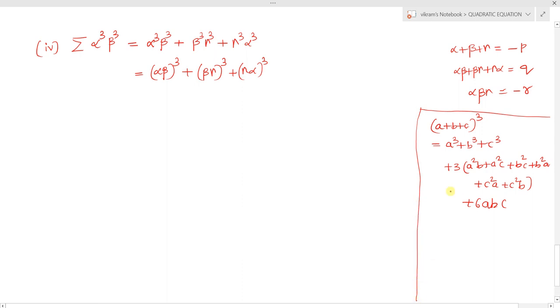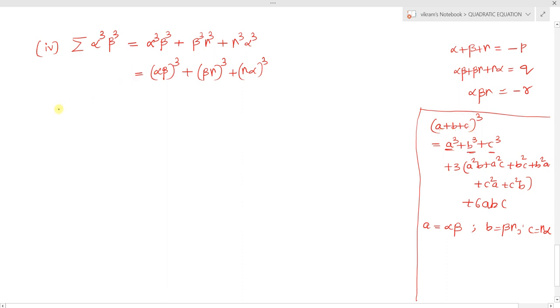And here replace a with alpha beta, b with beta gamma and c with gamma alpha. Then a cube plus b cube plus c cube, that means (alpha beta) whole cube plus (beta gamma) whole cube plus (gamma alpha) whole cube, can be written as (a plus b plus c) whole cube.